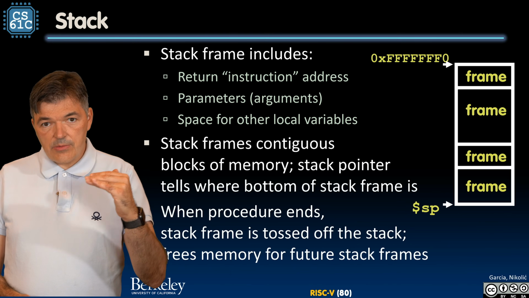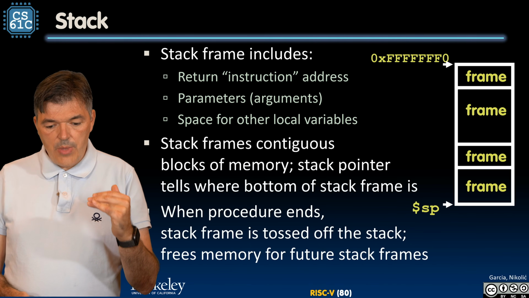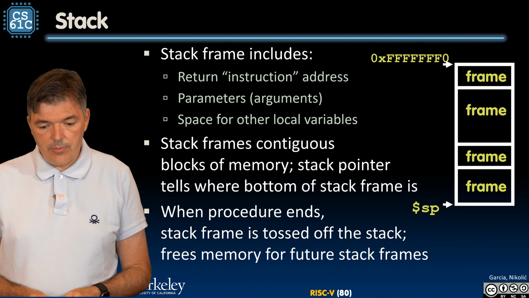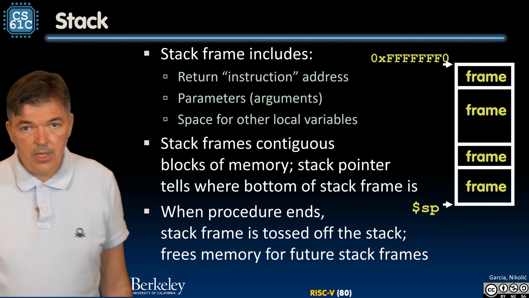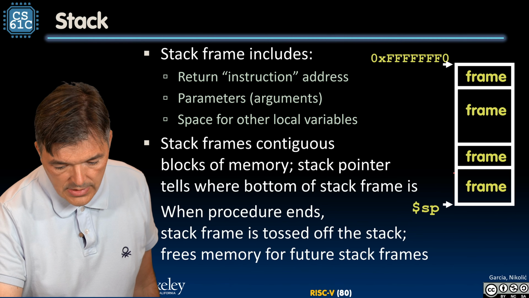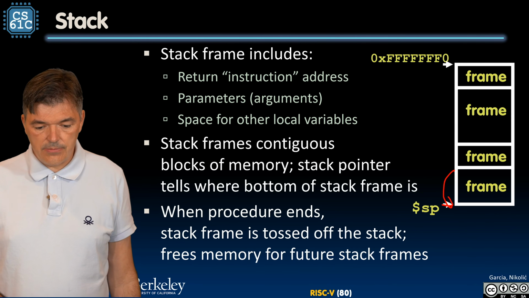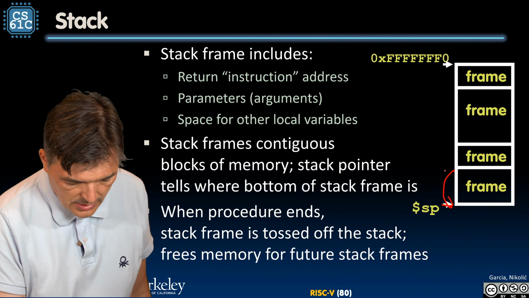So these stack frames are contiguous blocks of memory, and the stack pointer tells where the last one of them is, the bottom of the stack. When we add a new stack frame, we move the stack pointer from one location to another. When the procedure ends, we move the stack pointer back.